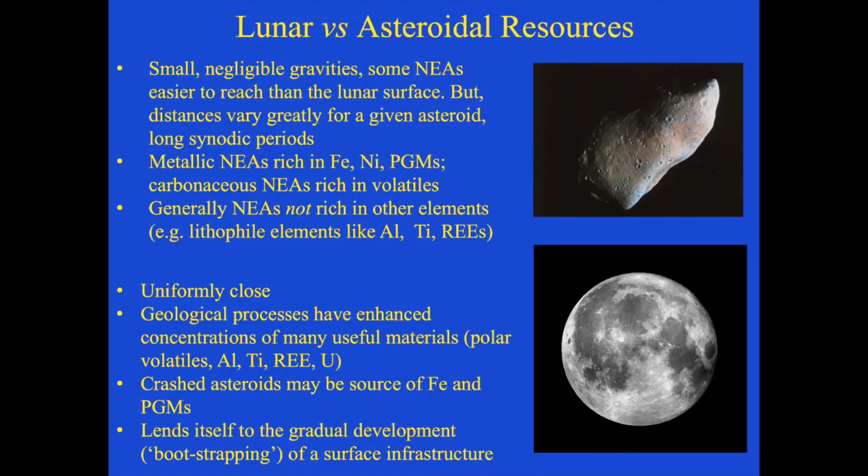So there are many reasons for wanting to go to the moon, and therefore it lends itself naturally to the development of a surface infrastructure that would facilitate the acquisition of space resources in a way that a given asteroid doesn't, because in a sense, human activities on the surface of the moon would provide a market for many space resources.